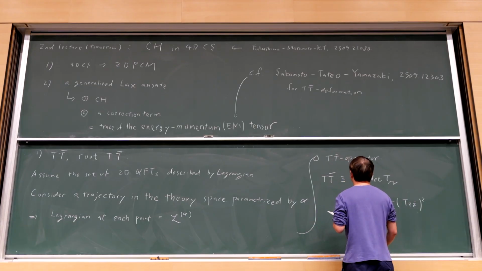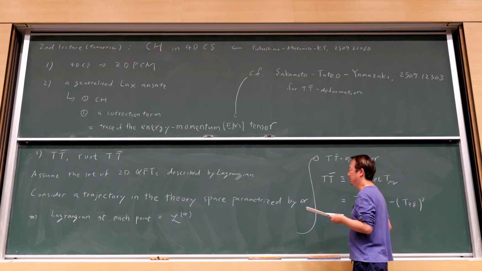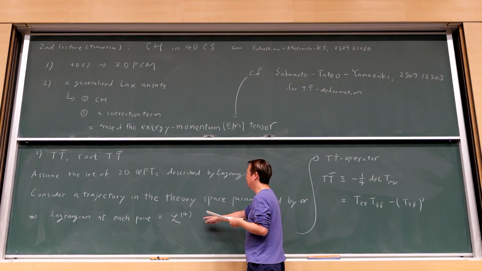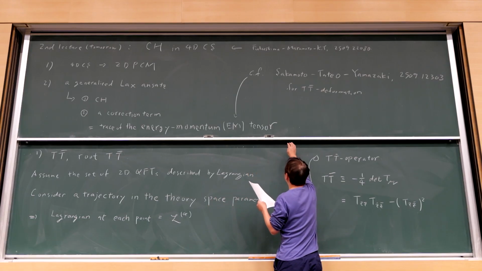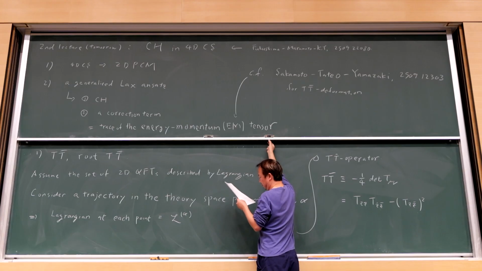Okay, by using these TT bar operators, we can consider a flow for this Lagrangian. So that is nothing but a TT bar flow.